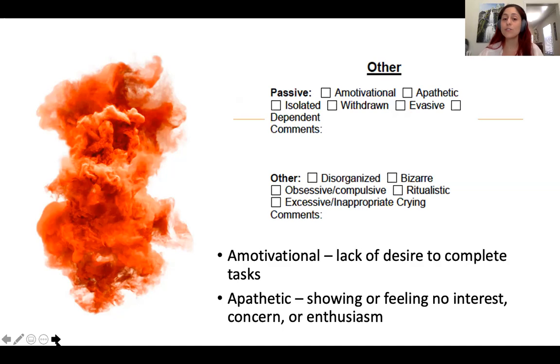But what I would encourage you to do is, if you have nothing in passive or in other, in the comments, you can write something like, "does not apply to client at this time," or "not observed in client at this time." Again, just to show that you actually assessed for this and not that you just overlooked it. Okay, so if these apply, check them off, add comments. If they don't, at least add a comment that says, "does not apply for this client at this time," or something of that sort.